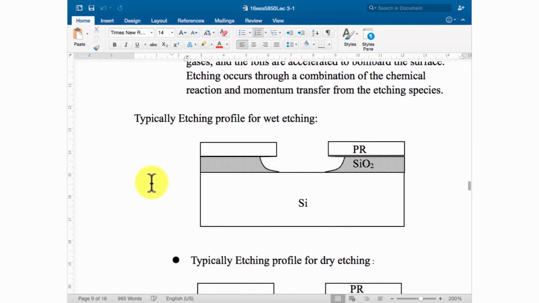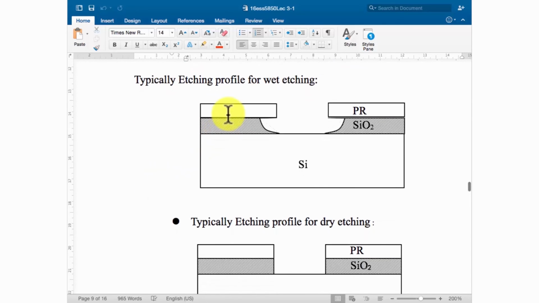So for dry etching, the difference between dry etching and wet etching is that after the etching, you can see the profile. For wet etching, because it's isotropic, that means no direction preference. So when you do the etching, it will start from this position to the inner part and to the downward part and to the inner part as well.